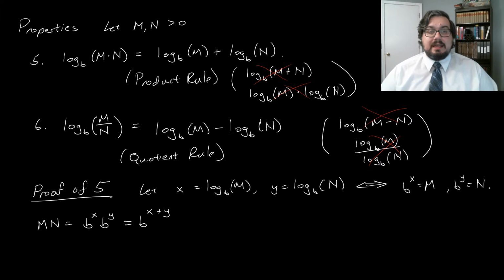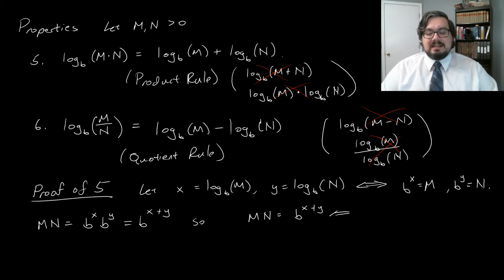This is a basic property of exponential expressions that we've seen before. So, if we just write down the first and the last steps of this equation, we have that mn is equal to b to the x plus y.